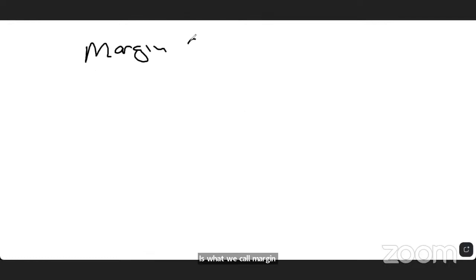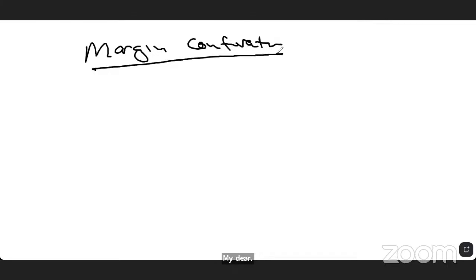Margin configuration. Now this one has 2 areas. It has an area we call margin call drop.